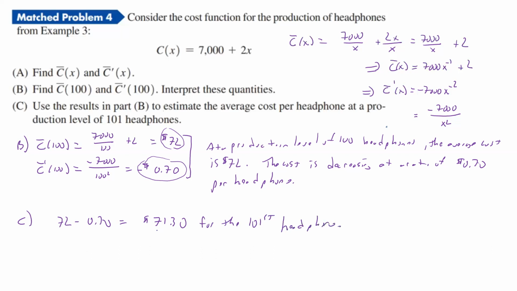That would be the average cost per headphone at a production level of 101 headphones based on these results, because we're at $72 on average and it's decreasing by 70 cents per headphone. So if we're looking at the next headphone, that would put us at $71.30. All right, so that completes this section. Hopefully that will help you.